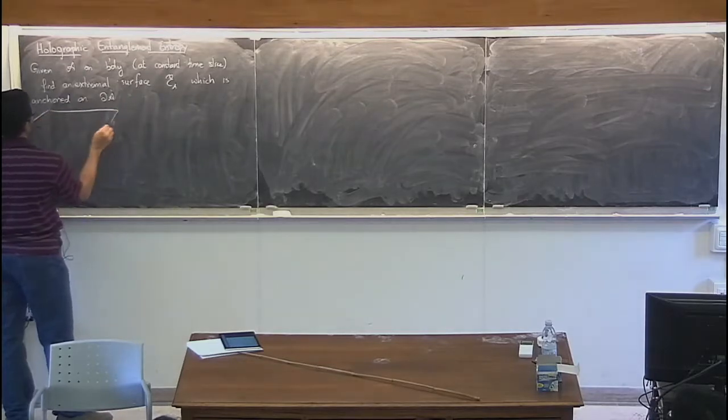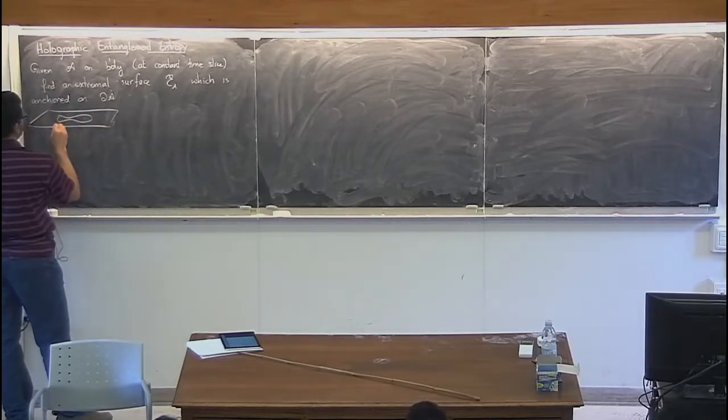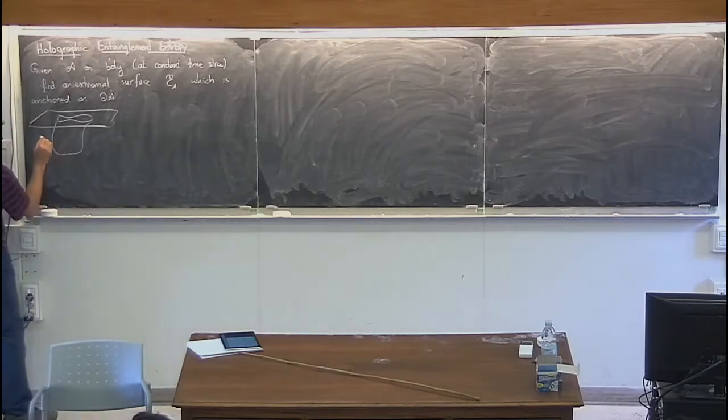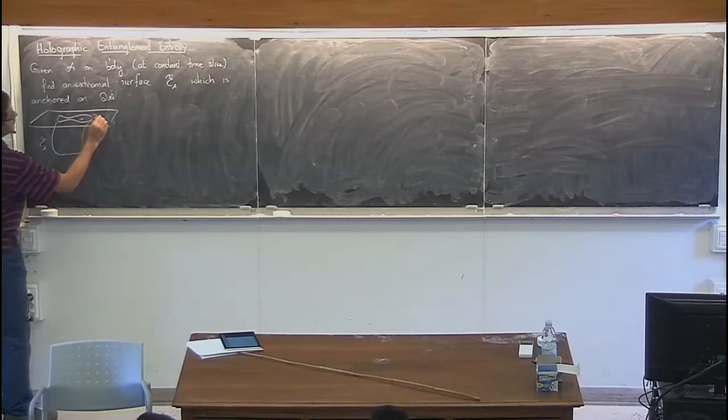So the picture we drew yesterday is that we have this extremal surface, and this is A.